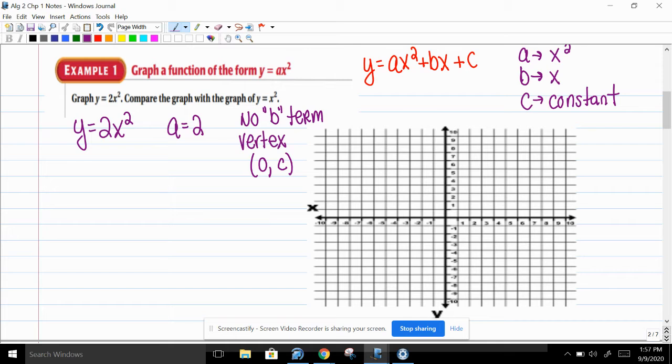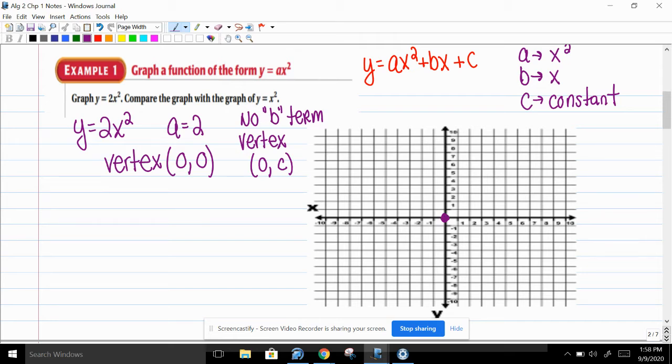That's the vertex. So this one does not have a b term. It also doesn't have a c term. So the vertex here is going to be 0, since there's no c term, 0, 0. So here's my vertex, 0, 0, right there, the origin.